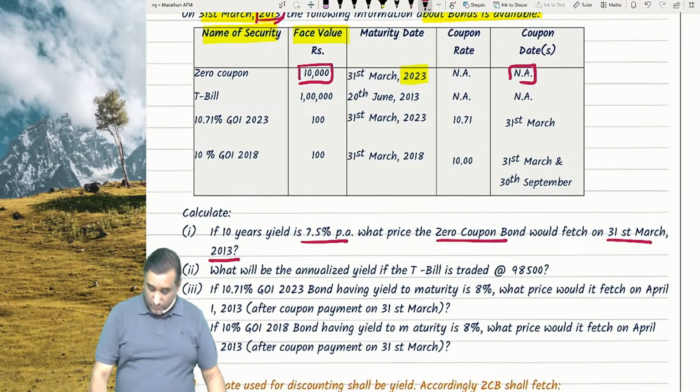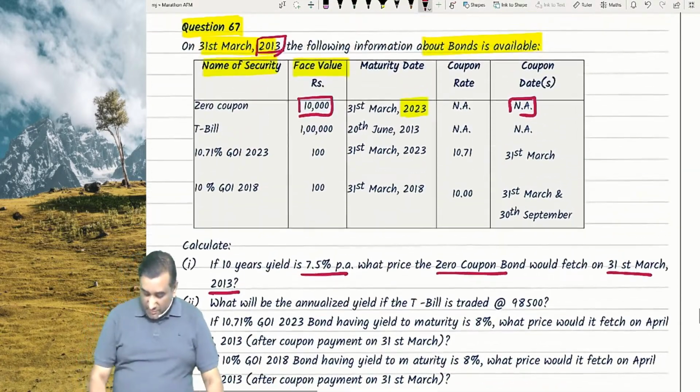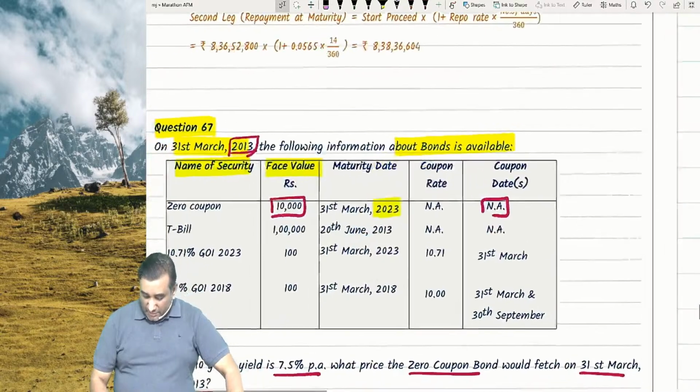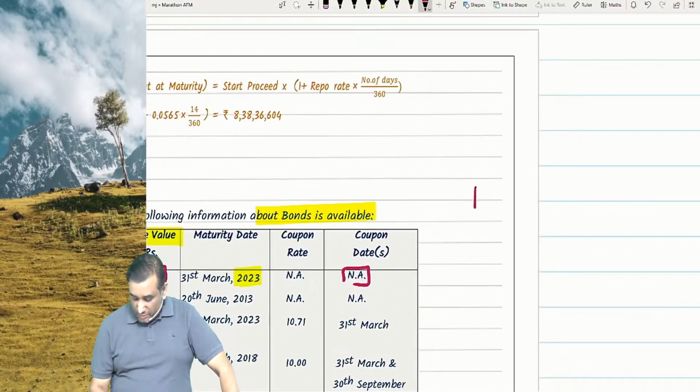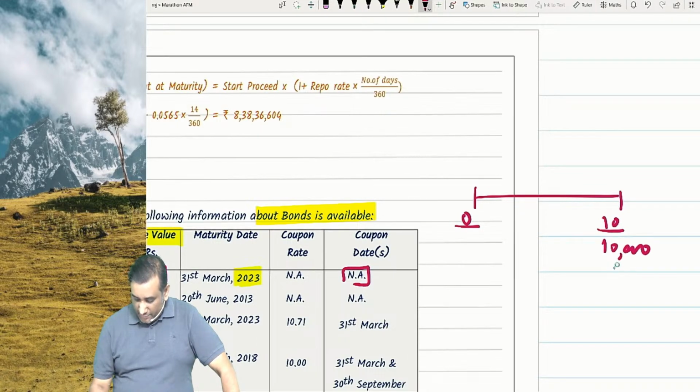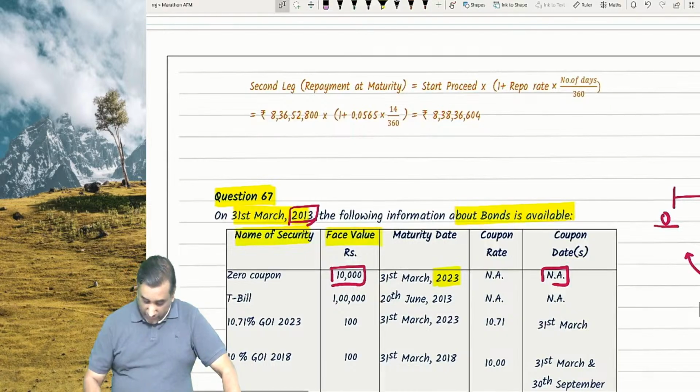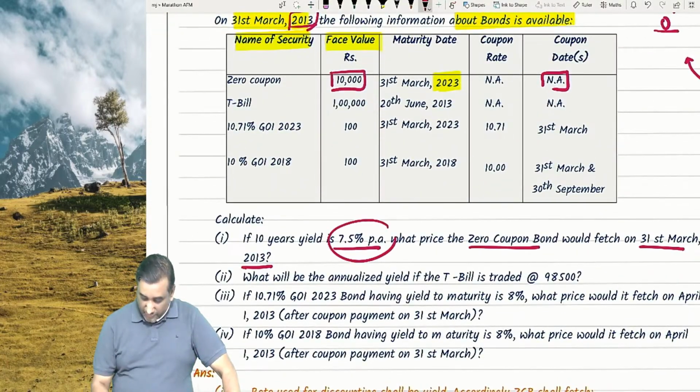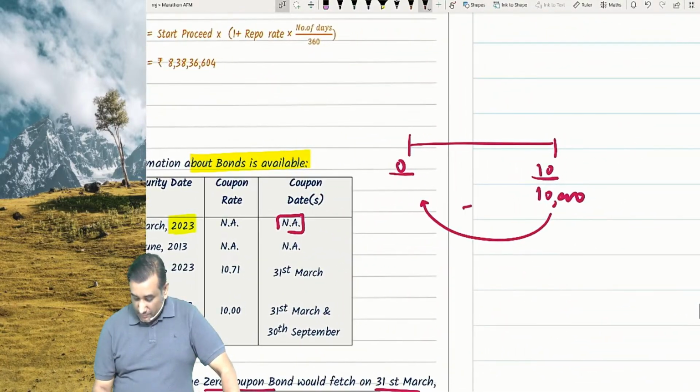We have to find the present value. So basically the discount rate is 7.5. Nothing has to be done in the first part. If for example you are standing in zero period, the period is 10 years, and you are expected to receive a face value of 10,000, discounted by 7.5, it is 10th year discounting.